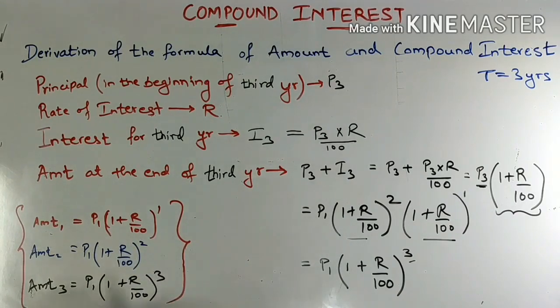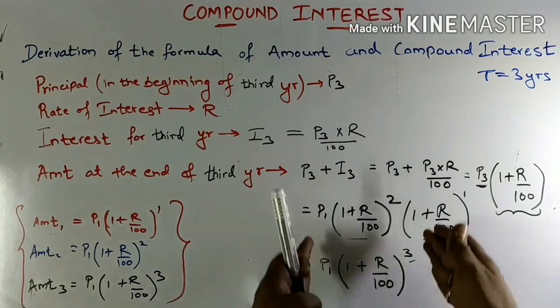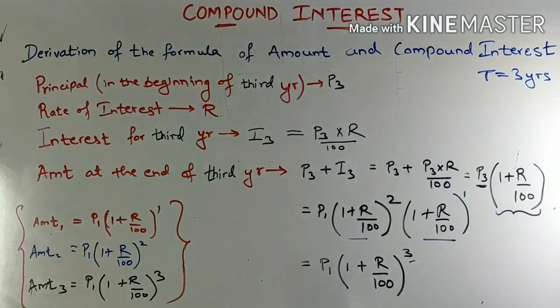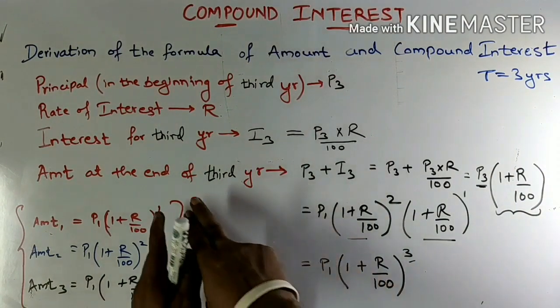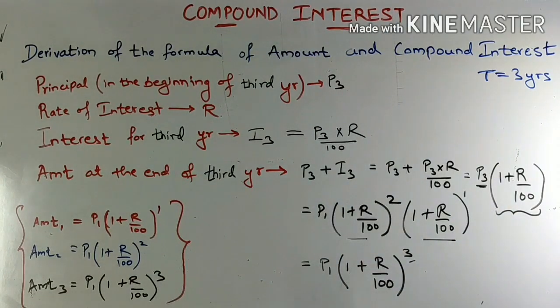And amount at the end of third year has 3 in the power. So if I want to find for the fourth year, I'll have to again make this my new principal P4. I'll find I4. Then amount at the end of fourth year will be P4 plus I4. Likewise, we will move ahead.